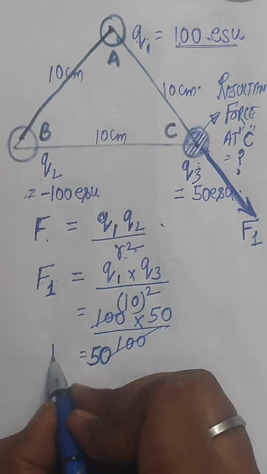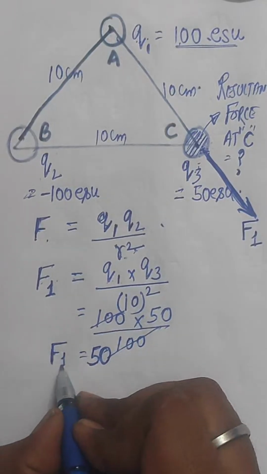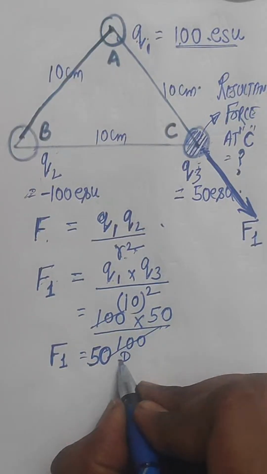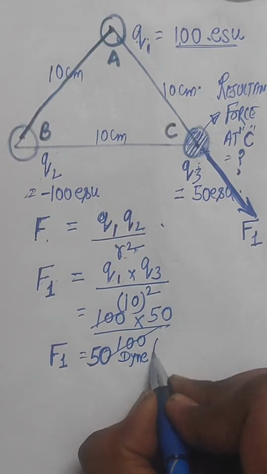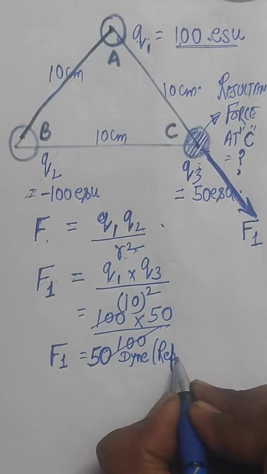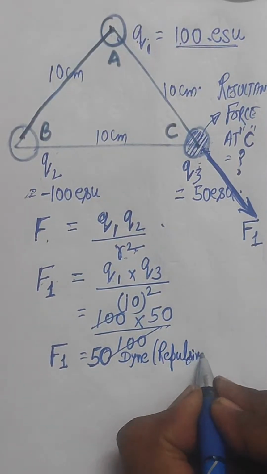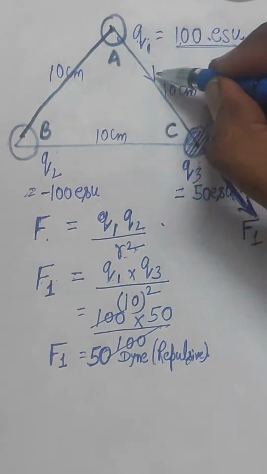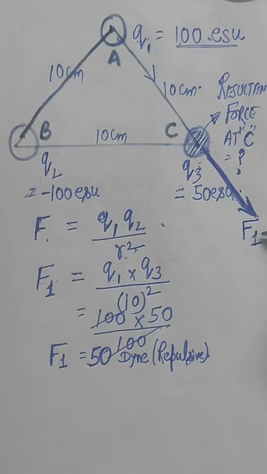So the force F1 is equal to 50 dyne, and it's repulsive. Why repulsive? Because both are positive, that's why it is shown away from Q3. The force is acting like this, in this direction.